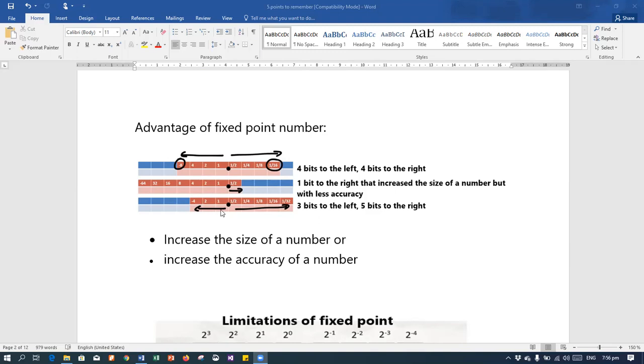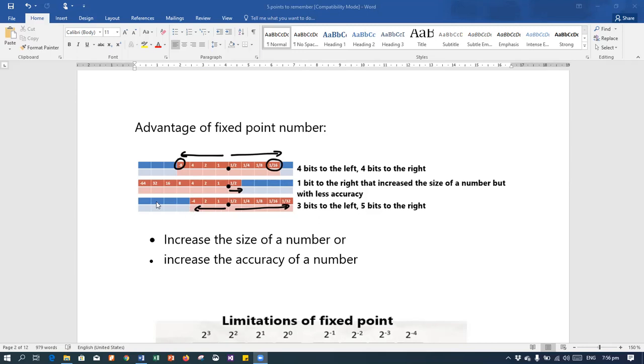Now we have the third example, in which there are 3 bits towards the left and 5 bits towards the right. There is inconsistency in all these three examples: in the first, 3 bits are empty on one side and 1 bit on the other. In the second example, no bit is left behind towards the left side, but it is on the right side.